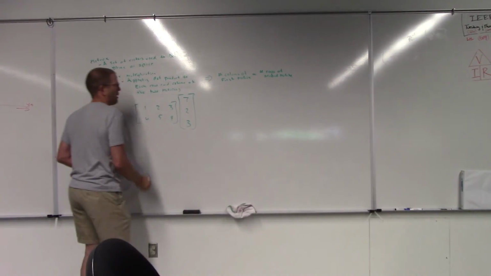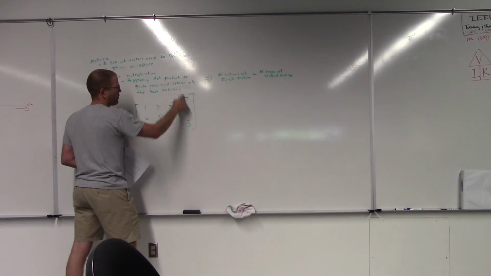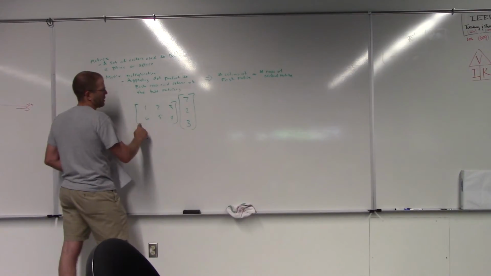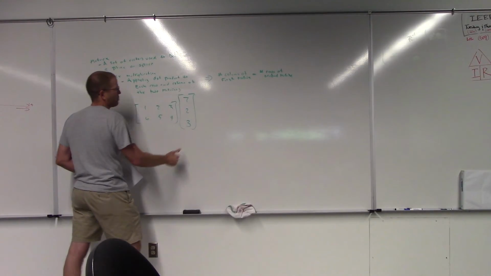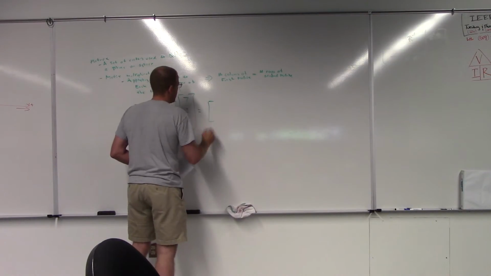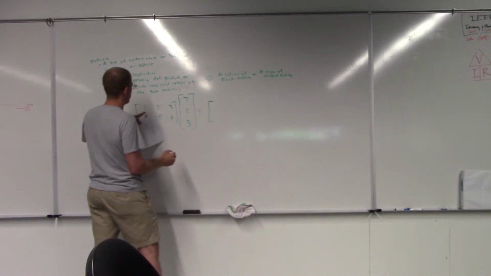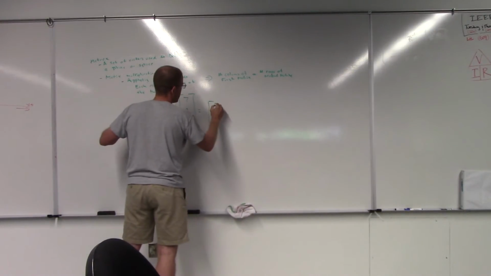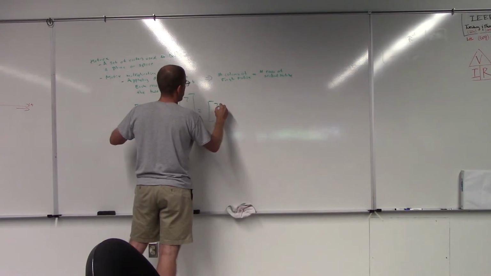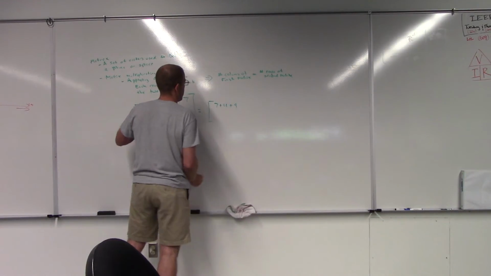Okay? And in this case they do, therefore we can go through and take the dot product of the first row, first column, and then of the second row and first column. So this is going to be 1 times 7 is 7, plus 2 times 2 is 4, plus 3 times 3 is 9.